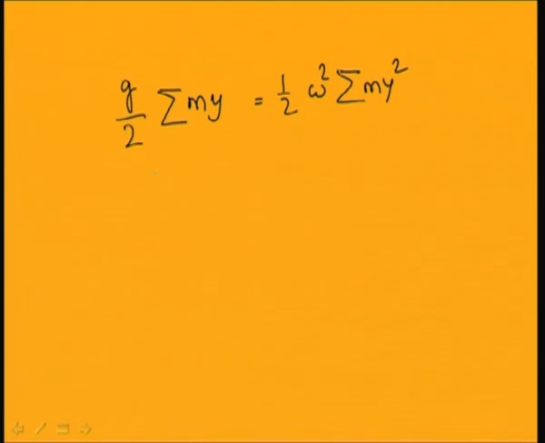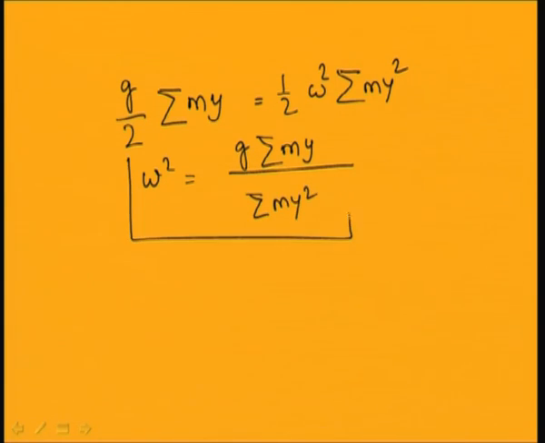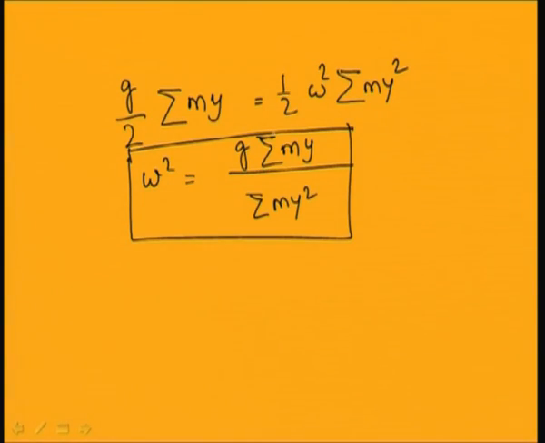So, I can write omega square equal to g summation m y by summation m y square. That is, the natural frequency square can be obtained as g, the acceleration due to gravity, into the summation of the mass at each position.